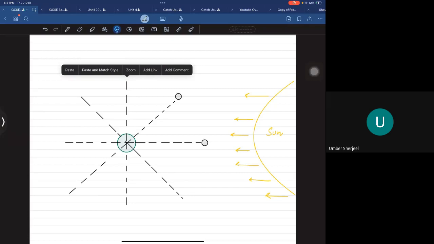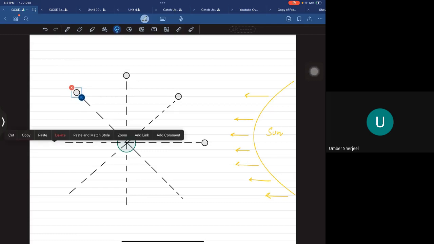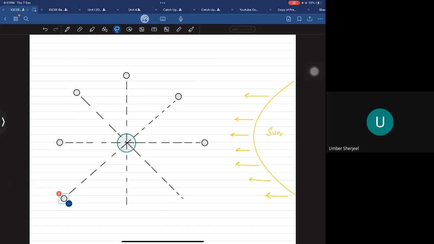Just in front of every line, make a small circle. Only this diagram is important. We don't need to write anything because they can give you phases of the moon and then don't be alarmed.